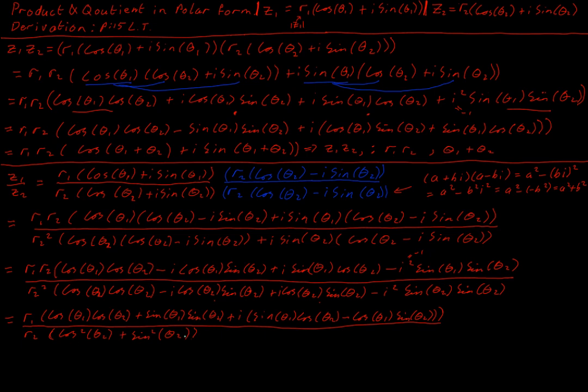So all of this is just going to equal 1. And then on the top line, I can go to my trig identities and see what these work out to. I'm going to find that the real part works out to cos of theta 1 minus theta 2, and the imaginary part is going to be sine of theta 1 minus theta 2.